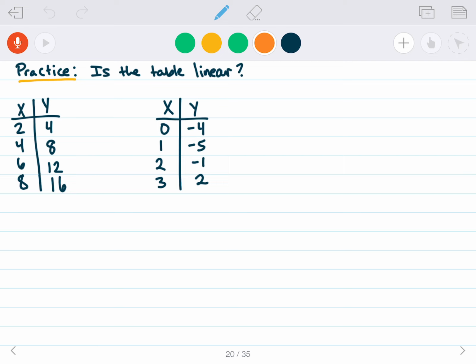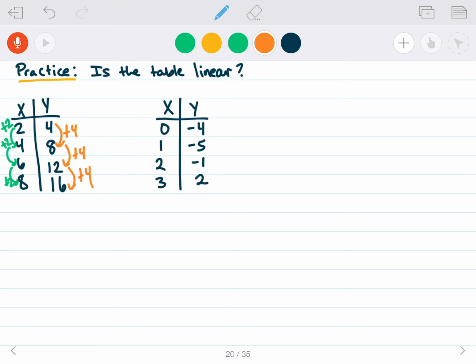Okay, here, how about this one? So we're going up 2 to 4 is +2, 4 to 6 is +2, 6 to 8 is +2, and then for my y's, we're going up 4 to 8 is +4, 8 to 12 is +4, 12 to 16 is +4.